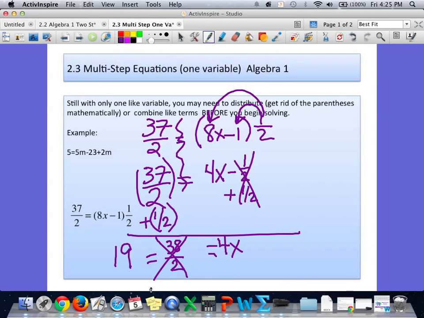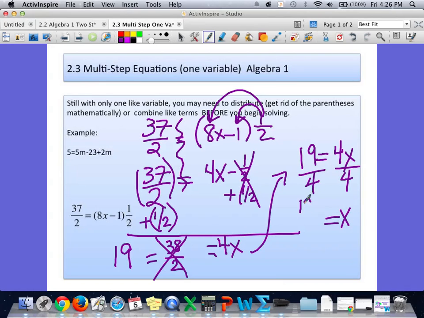So now my problem is 19 is equal to 4x. Divide by 4, divide by 4, and your answer is x is equal to 19 over 4.